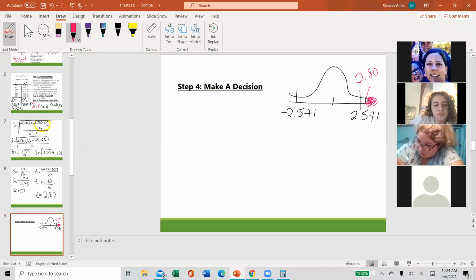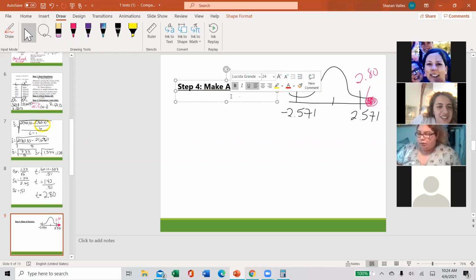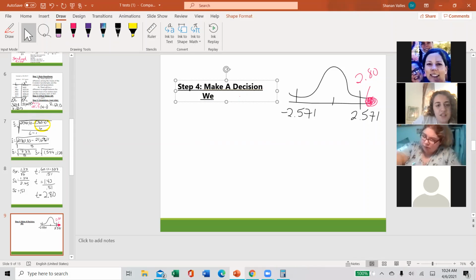So if our t-value exceeds or finds itself in the rejection region, what do we do? We reject the null hypothesis.